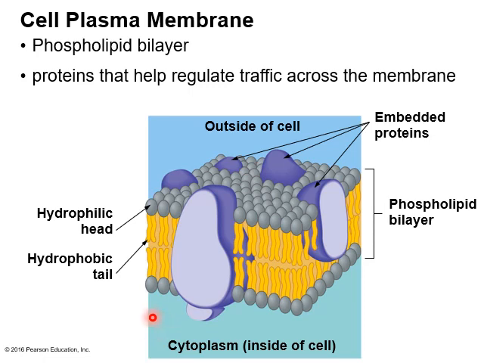So the water fearing things are on the inside, the water loving things are on the outside. So that's what makes up the plasma membrane. And then, like I was saying before, we have all these proteins that are embedded within that phospholipid bilayer in order to regulate traffic going across the membrane.